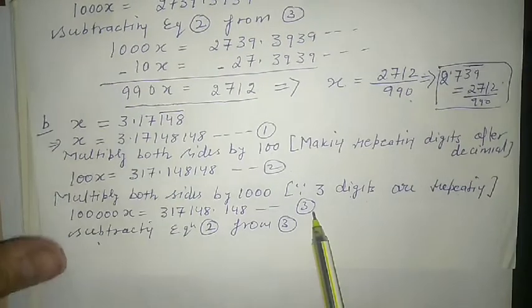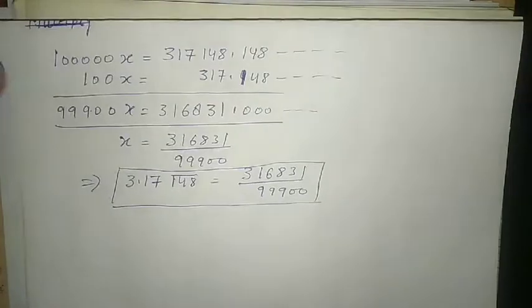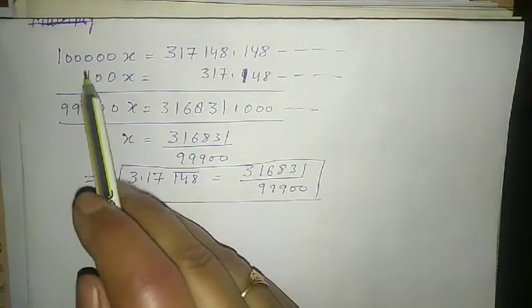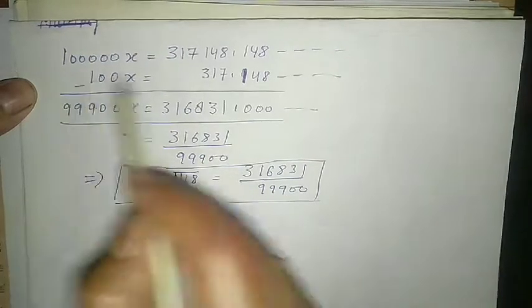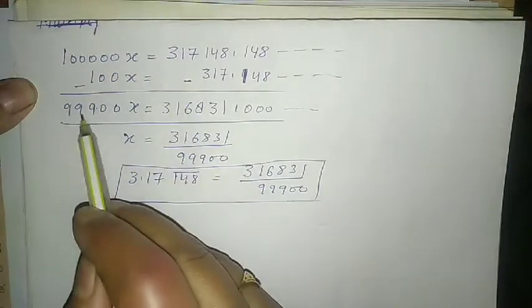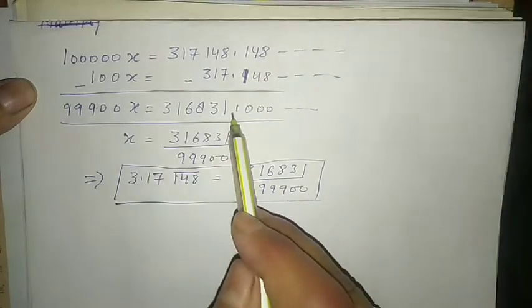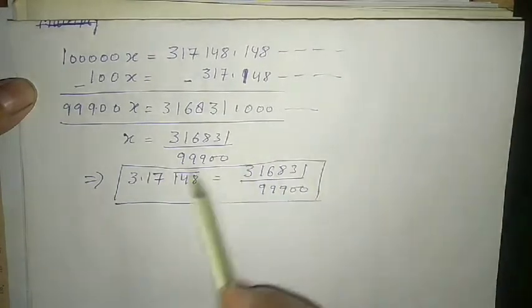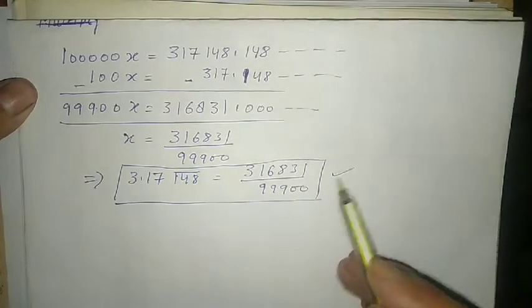This is the third equation. Now the same method, subtracting equation 2 from 3. This one we have written here. So on subtraction we get 99900x equals 316831.000 and so on. So 3.1748 bar, this is the answer.